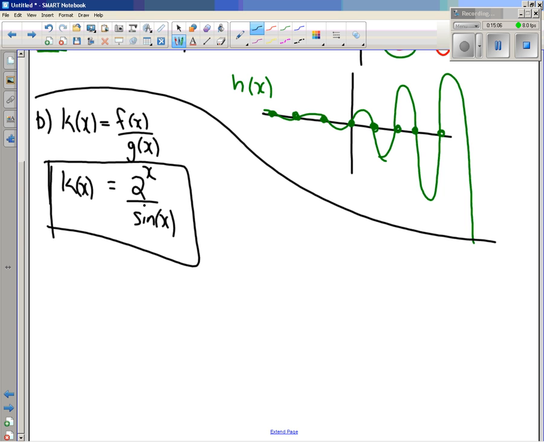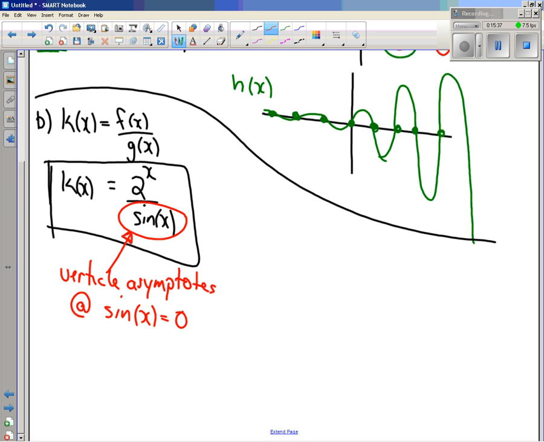Well, this one, because sine is in the denominator, it's possible for our denominator to equal 0. Can we have a denominator equal 0? No, so what's that going to give us? We're going to get vertical asymptotes at sine x equal to 0.